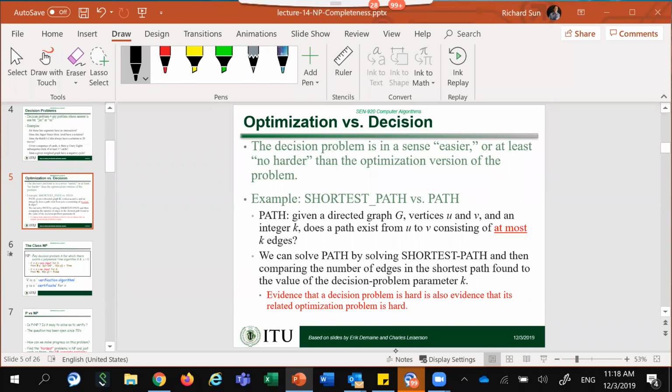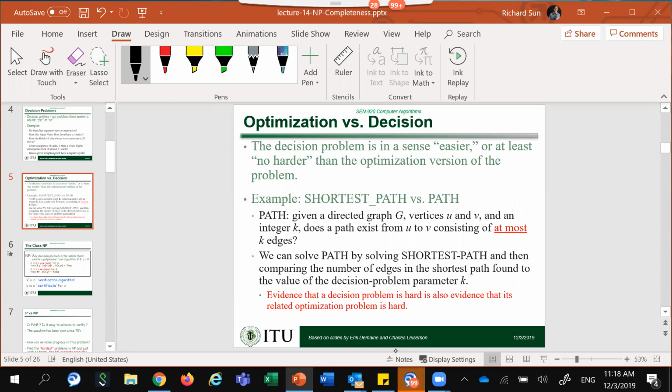So this is an argument to tell you that if you can show a decision problem is already very difficult, then the corresponding optimization problem is also difficult.